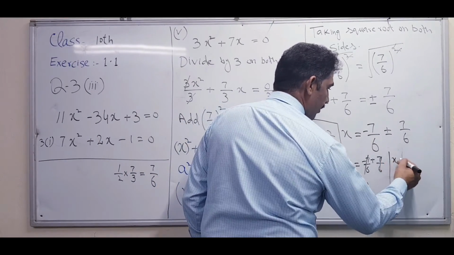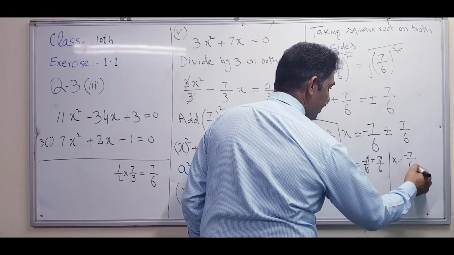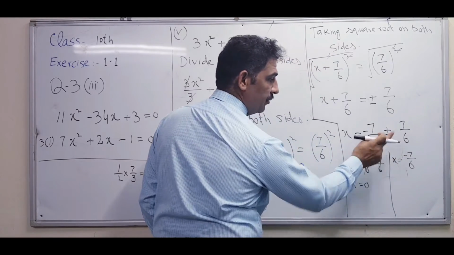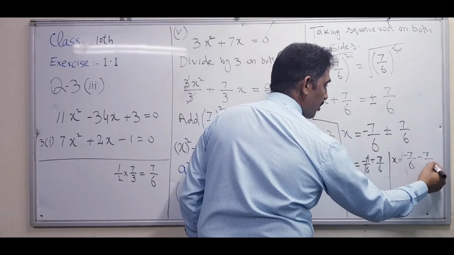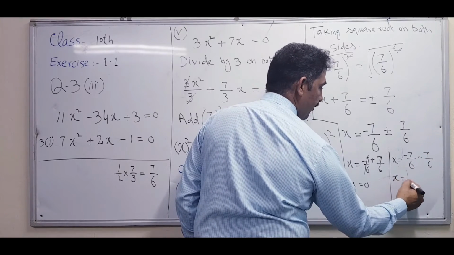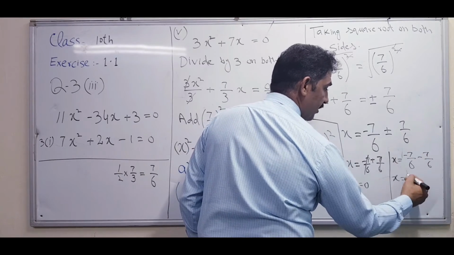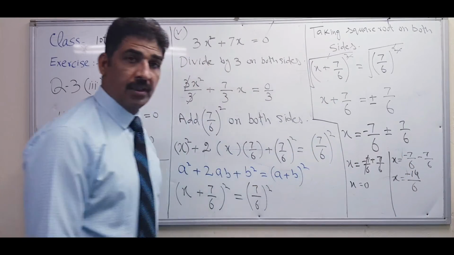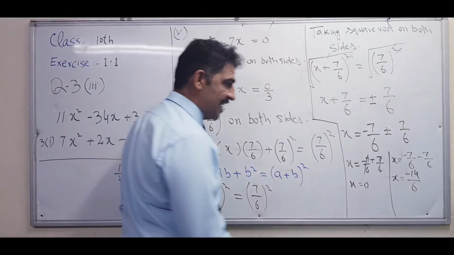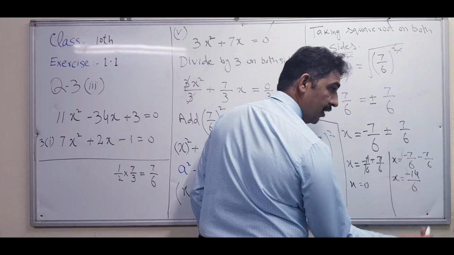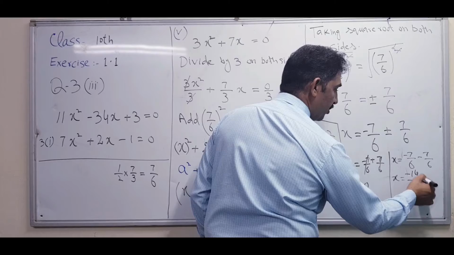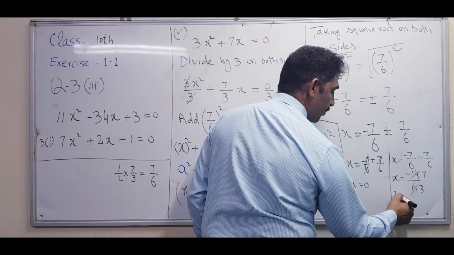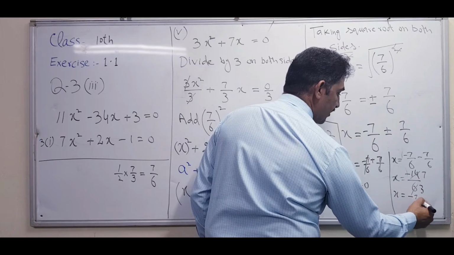So x is equal to minus 7/6, here we use the negative sign now, and minus 7/6, denominator the same. So minus 7 and minus 7, minus 14/6. More simplification is possible. What is that? Cancellation by 2. Good. 2 threes are 6, 2 sevens are 14. So x is equal to minus 7/3.